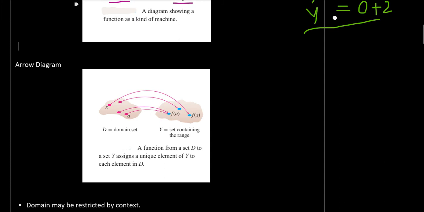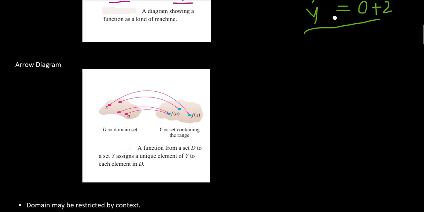There is an arrow diagram over here that describes the functionality more clearly to you. Suppose this is our domain and it contains x and a elements.